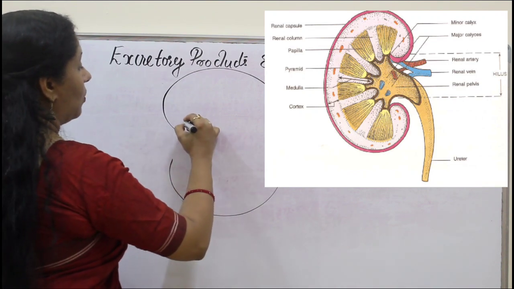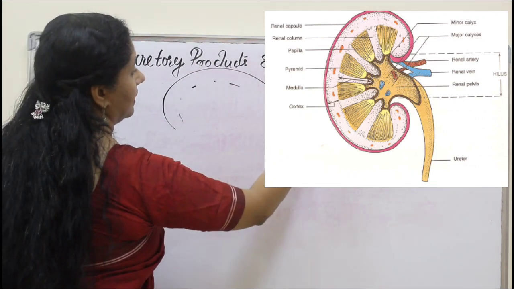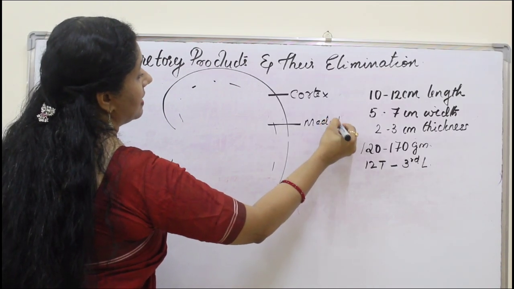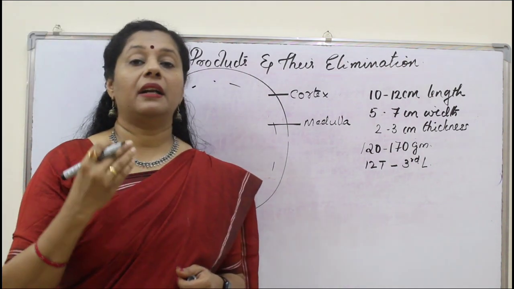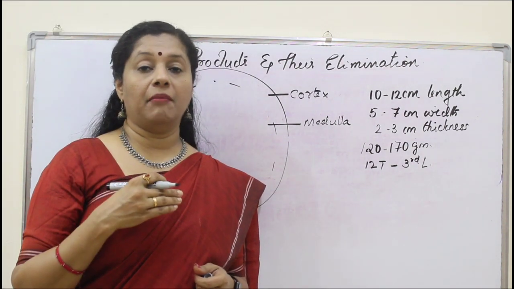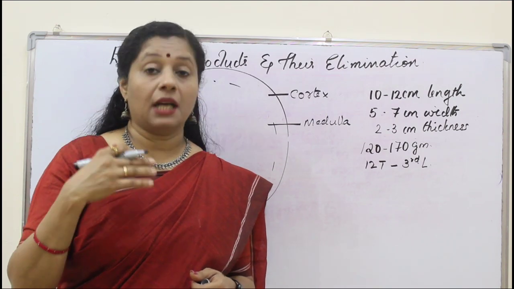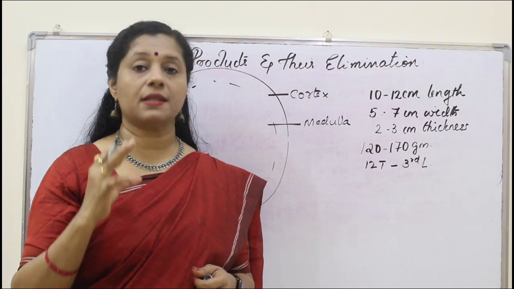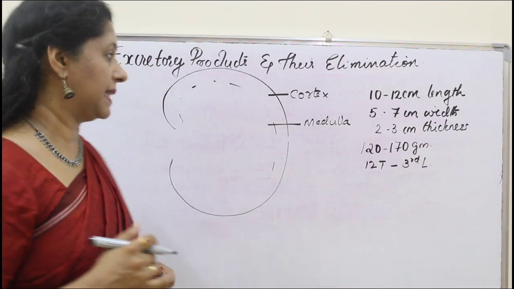So here the outer part is called the cortex, whereas the inner part is called the medulla. This is a common term. Even when we talk about the adrenal gland, adrenal cortex is the outer part, adrenal medulla is the inner part. When we talk about the cerebrum in the brain, cerebral cortex is the outer part, cerebral medulla is the inner part. So this is a common term to indicate outer and inner parts respectively.